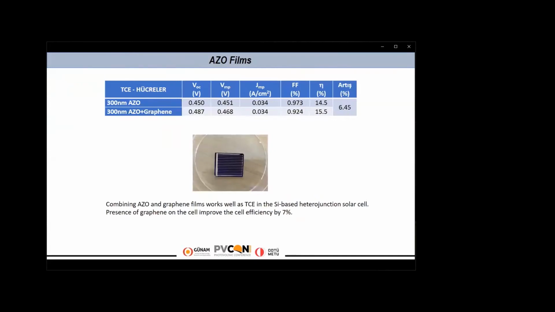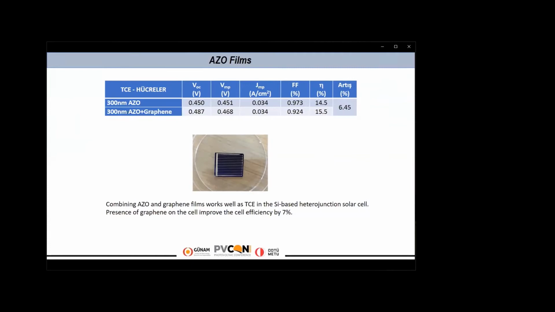At this point, when we investigate AZO and hybrid solar cell efficiency, the AZO solar cell has 14.5% efficiency, and the hybrid solar cell has 15.5% efficiency. Solar cell efficiency was increased by graphene. Many parameters are important for solar cell efficiency, such as fill factor and open circuit voltage. Fill factor was decreased in the AZO graphene hybrid structure.